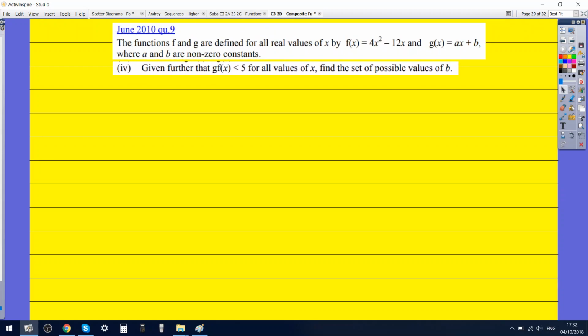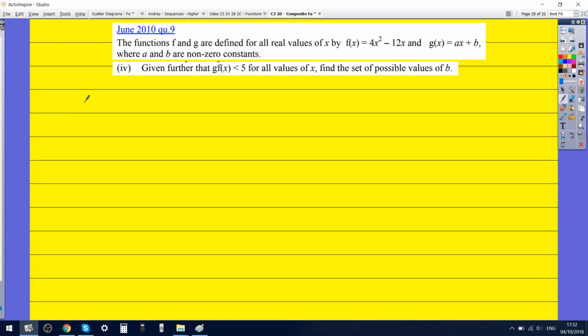Okay, let's try this one. Given that g f of x is less than 5, find the set of values. Okay, so f of x.